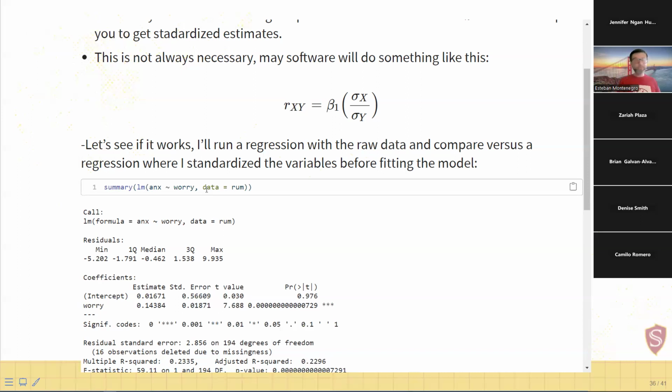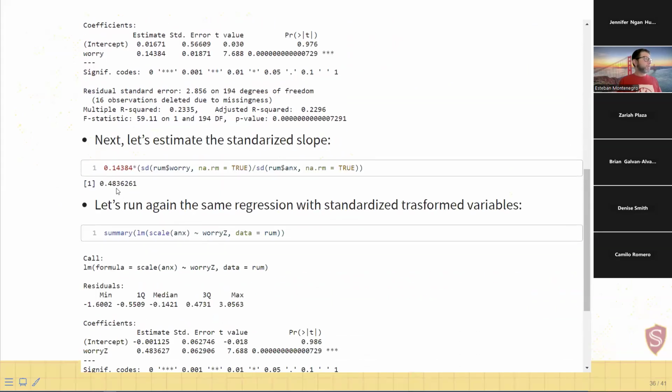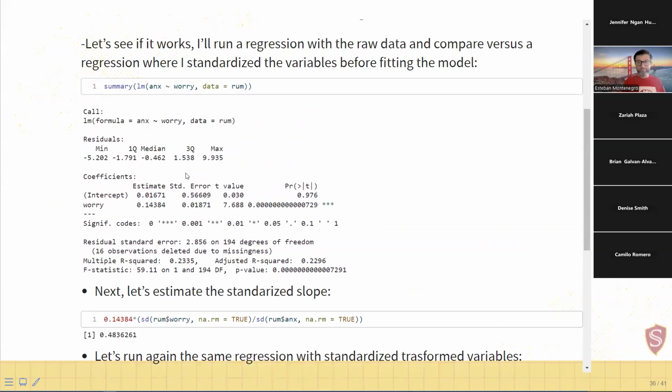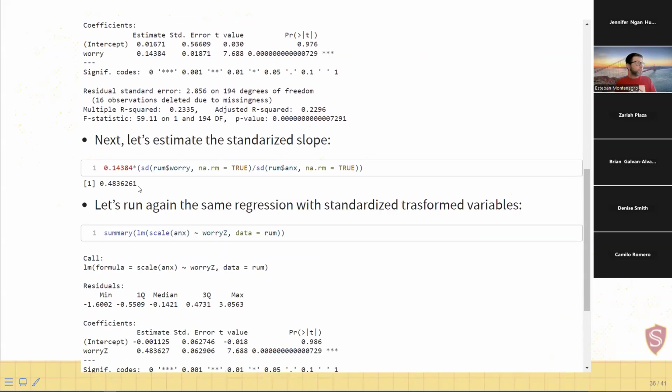If you have only one, it's a simple correlation. So the correlation is 0.48 between anxiety and worry, because it is standardized. And you can do the same if you have multiple predictors. You can standardize your estimate without transforming your data into Z-scores. Either approach works fine.